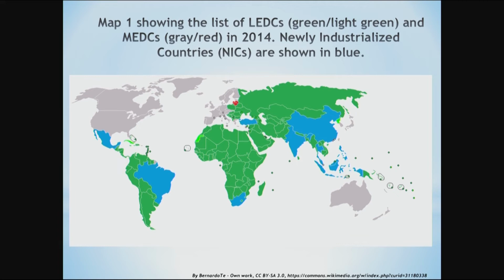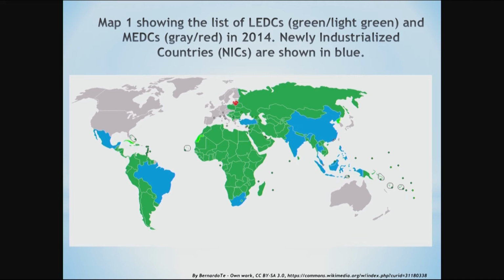Yes, I know it's a lot, but these are the LEDCs, the less economically developing countries. As we can see, you can also check with your atlas. Have your atlas around, everybody. Let's look at Africa, which is the one in the center.